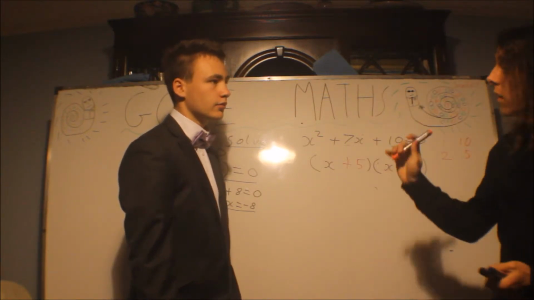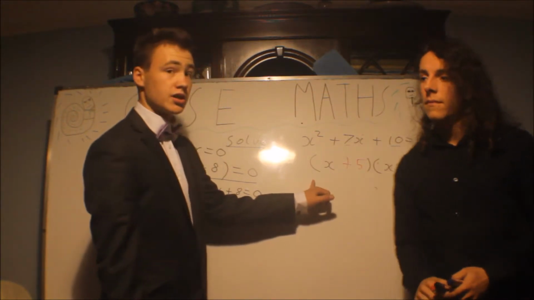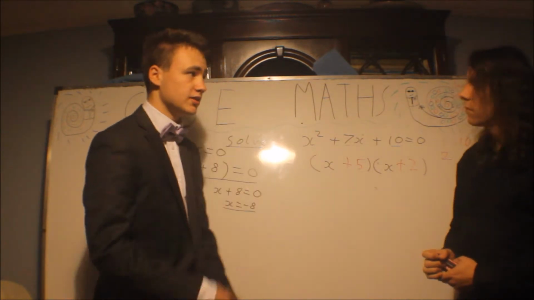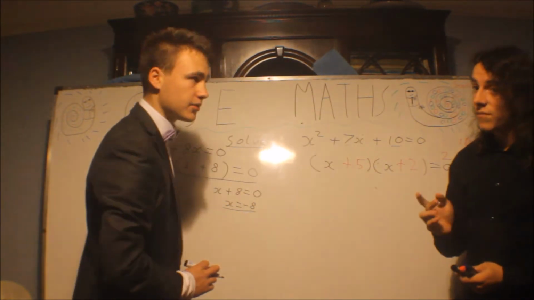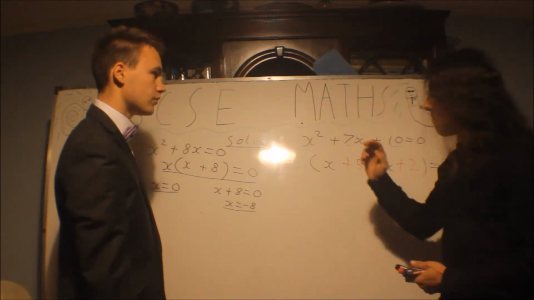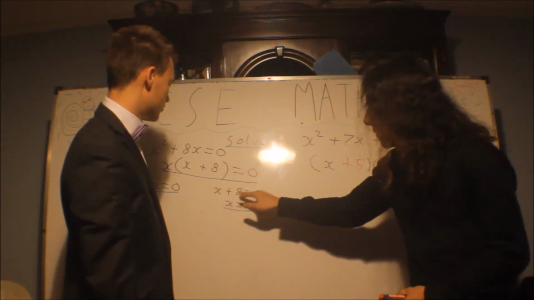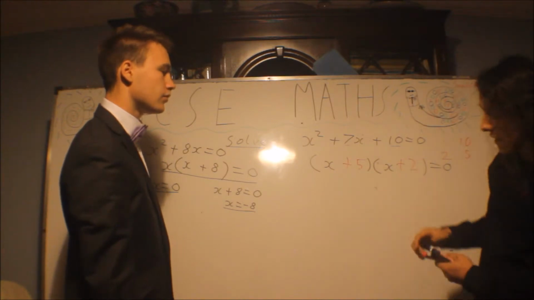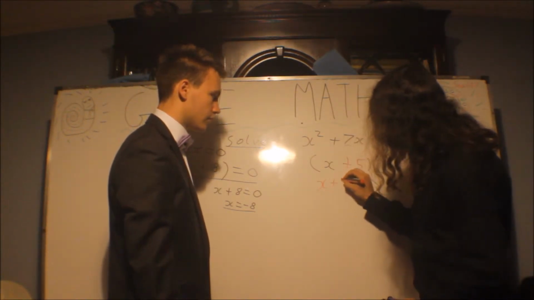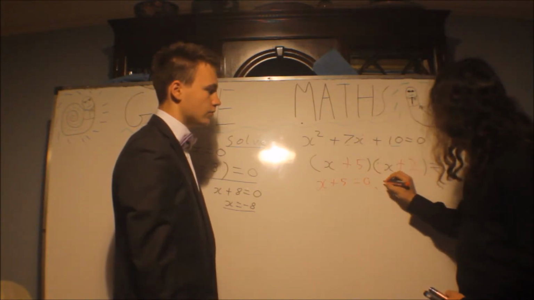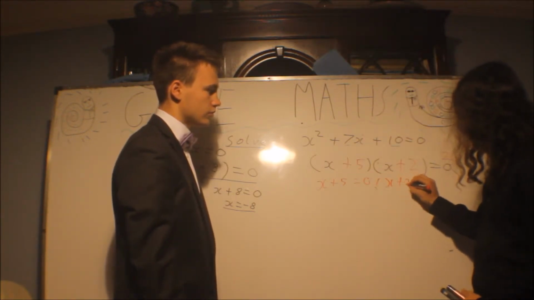Now we still need to do what we did in the last one. Because this is factorising. If it says factorise, you're golden with this. If it says solve, you then make this equal to 0 and do the following steps. Like in this one, we made x plus 8 equals 0. We have to do that for each of these brackets. So first, x plus 5 equals 0, and then x plus 2 equals 0.